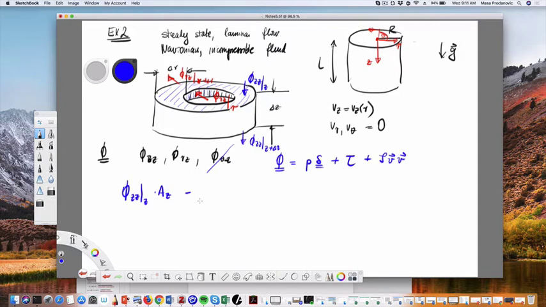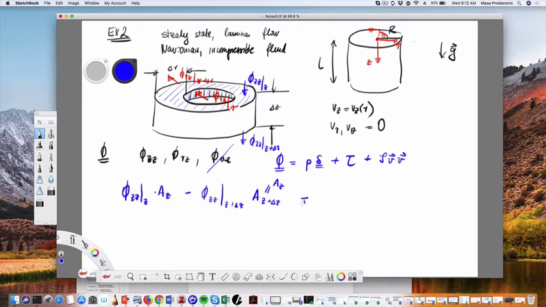Minus, on the other side, what's coming out is phi zz at z plus delta z. And I could call it AZ plus delta Z, but it's really the same as AZ. Well, in my cup, it's not the same, because my cup is a bad example. But if I had a proper cylinder, those top surface and bottom surface would be the same. My cup has a little curving to it.